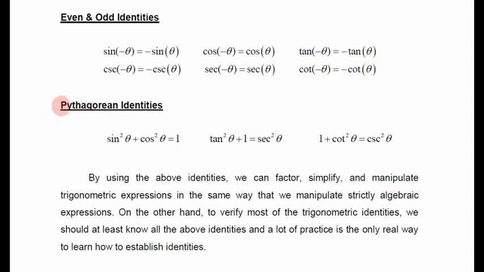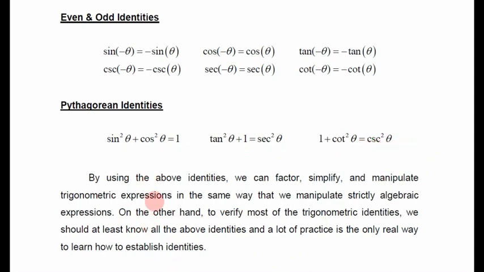And also we have Pythagorean identities, where sine squared theta plus cosine squared theta is equal to 1, and tangent squared theta plus 1 is equal to secant squared theta, and 1 plus cotangent squared theta is equal to cosecant squared theta.